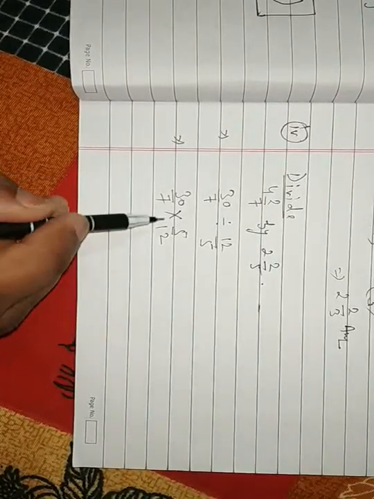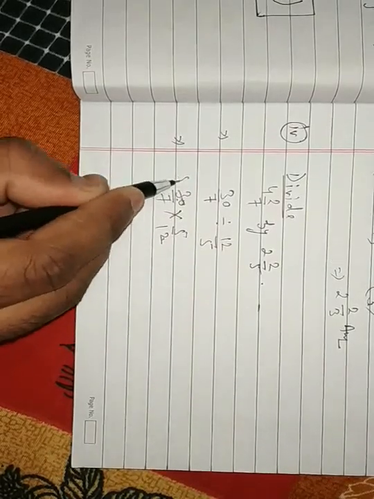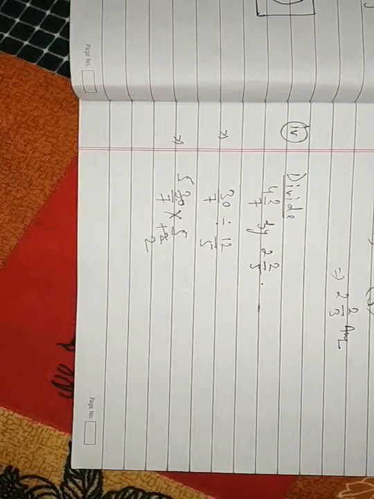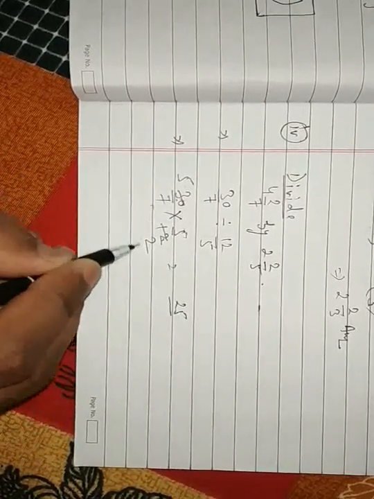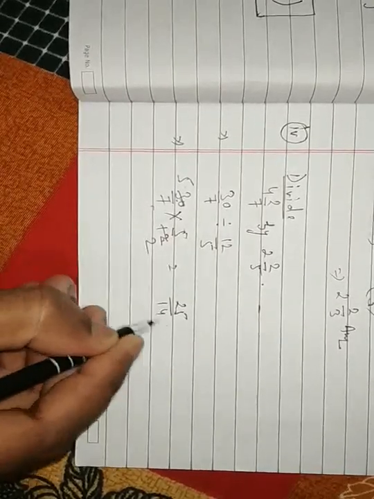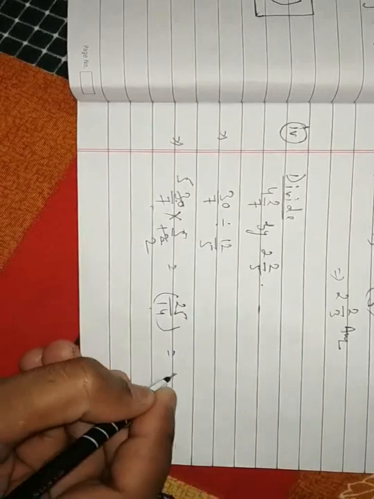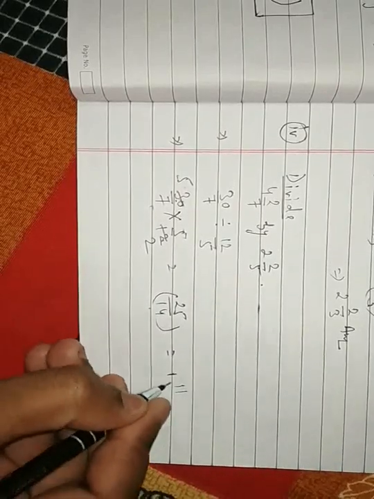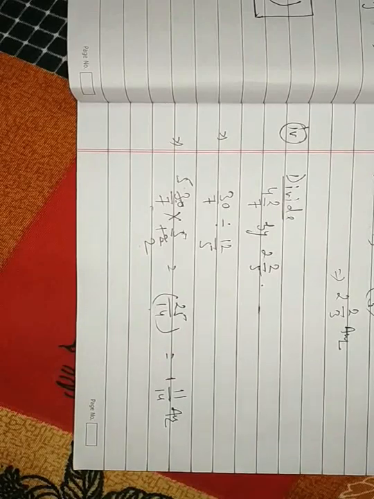We can see that 30 and 12 are both multiples of 6. 6 5s are 30 and 6 2s are 12. What do we get? 5 5s are 25 and 7 2s are 14. This can be converted into a mixed fraction: 14 1s are 14, remainder 11. 1 integer 11 by 14. I hope it is clear to everyone.